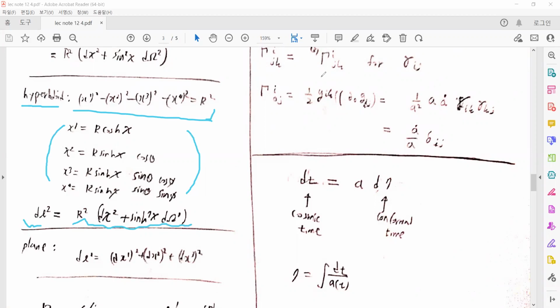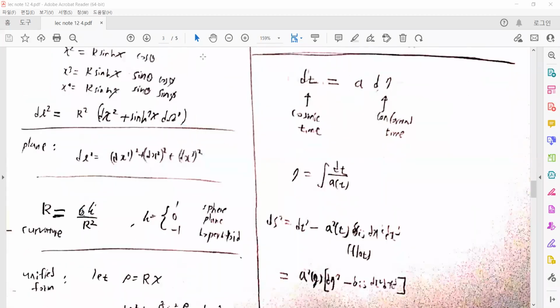And similarly, we can construct the plane, which has curvature 0, so that's the same as the Pythagorean distance. And the curvature is defined as one over the square of the radius of the sphere or hyperboloid, and we ignore the scale of the curvature.